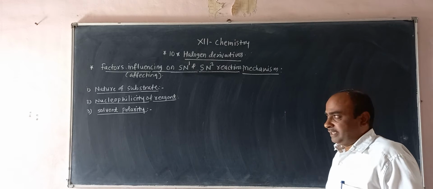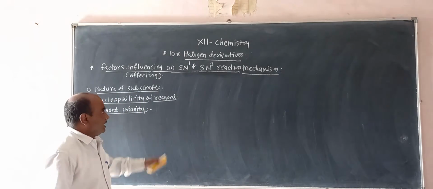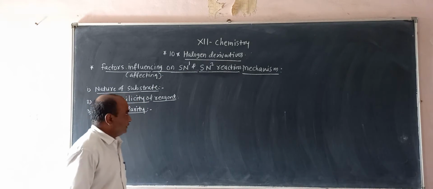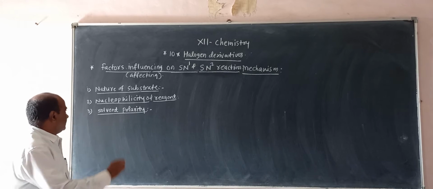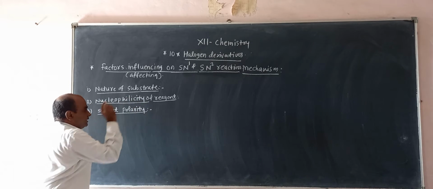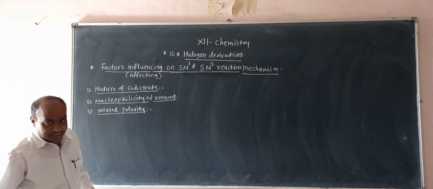There are three factors which play an important role in deciding the SN1 and SN2 reaction. First factor is the nature of the substrate. Second is the nucleophilicity of the reagent, and third is the solvent polarity.